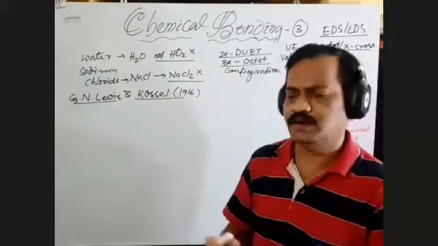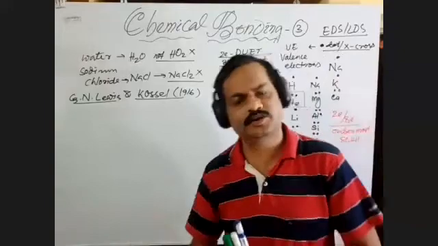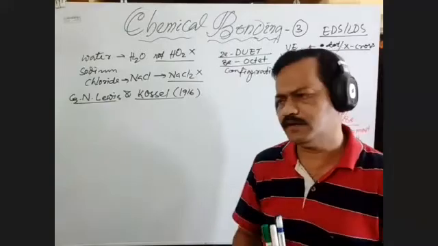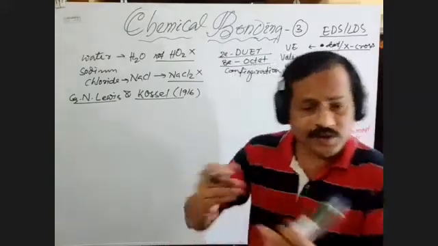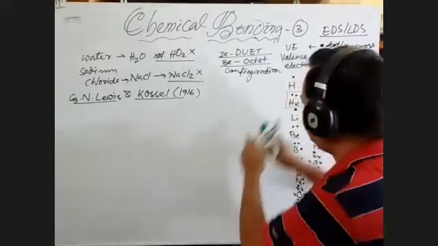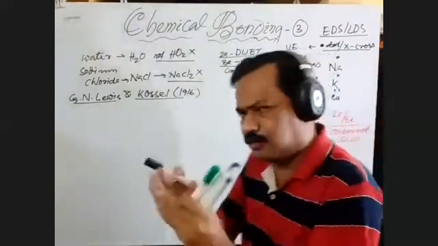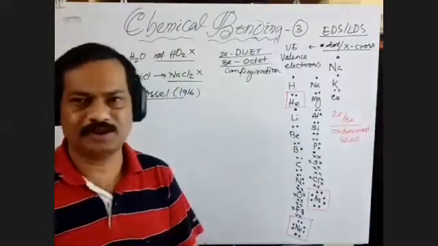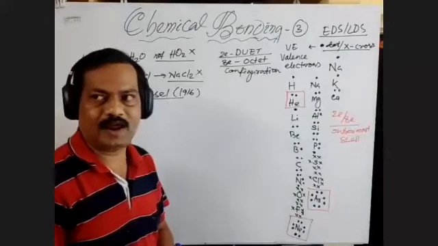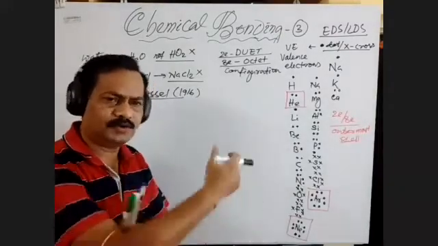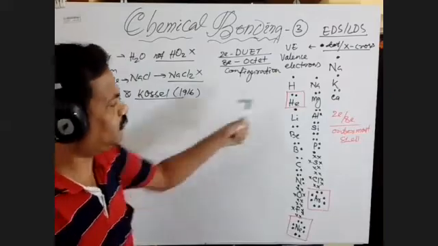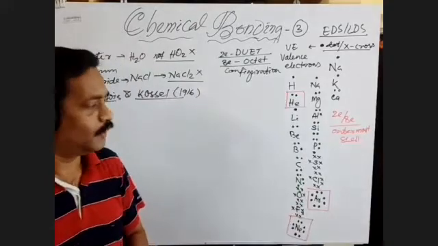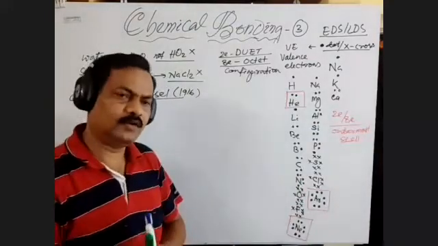They suggested that certain elements like metals have a tendency to lose electrons, whereas non-metals have a tendency to gain electrons. The main intention of this losing and gaining is to achieve the inert gas configuration, either duet or octet.